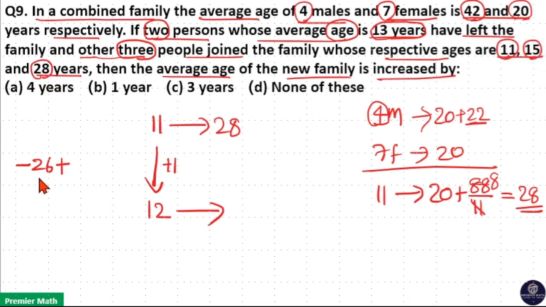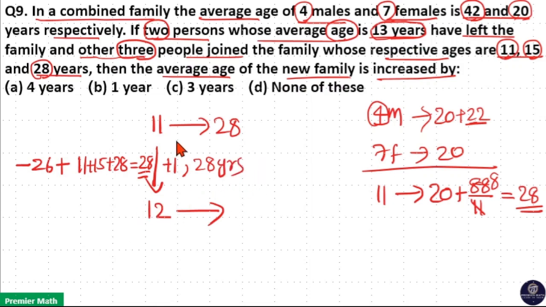So, overall increment becomes minus 26 plus 11 plus 15 plus 28, which is equal to 28 itself. That is, overall increment in the ages of the family is 28. When new 1 member joins, 28 is the overall increment in the age. That is, the new person's age is 28 years.